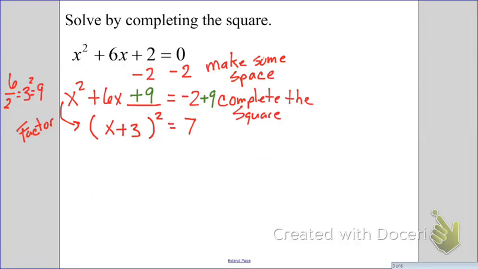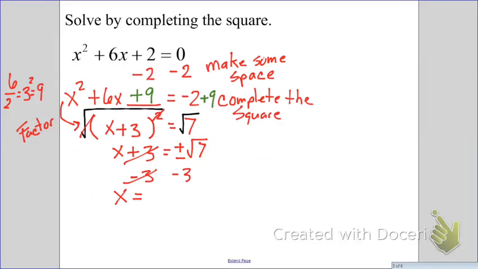Our next step in order to solve it would be to get rid of the square. So I square root both sides. Since I'm square rooting both sides, I definitely need to make sure I put positive or negative square root 7. And now the square and the square root cancel each other out, leaving me with x plus 3. Last step is to subtract 3 on both sides.